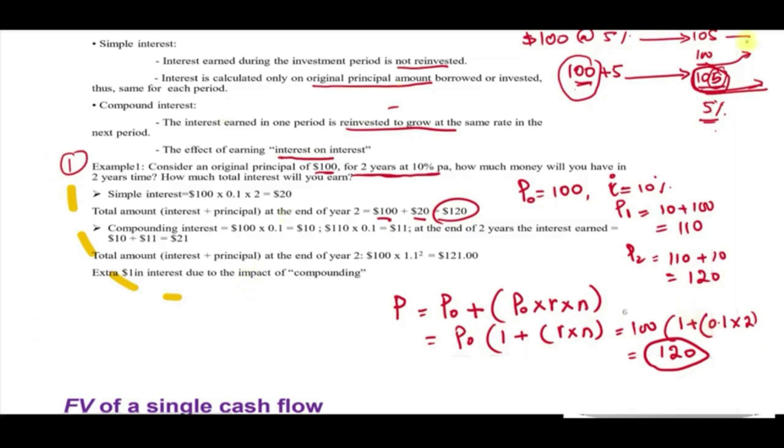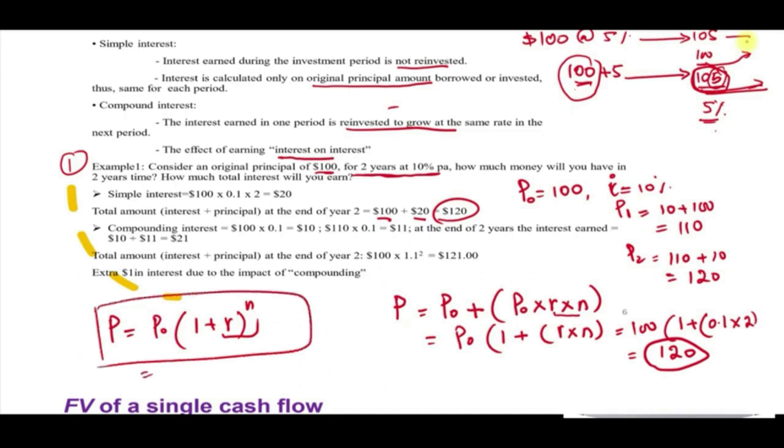However, when we have a compound interest rate, P at today's present value would be equal to P naught (1 plus interest, or you can write I or R, no problem) power N. So we are actually doing multiplication instead of just multiplying by the number of periods; we take it to the superscript.